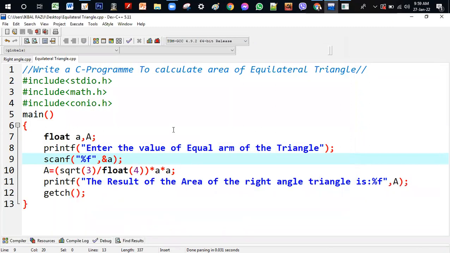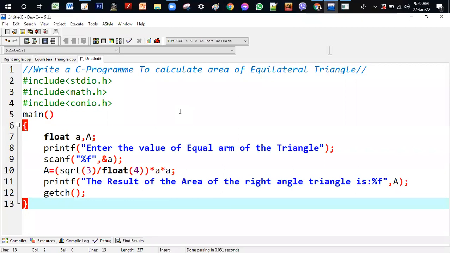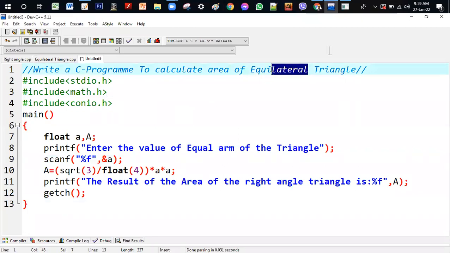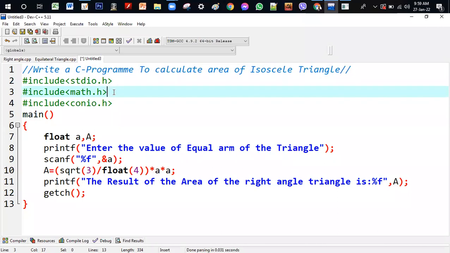Okay, now the area of the isosceles triangle. I will copy this same code and paste it here for the isosceles triangle. Similarly, we have to declare the math file for sqrt b by 4 root over 4 a square minus b square.